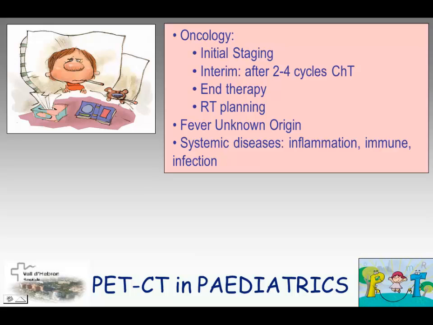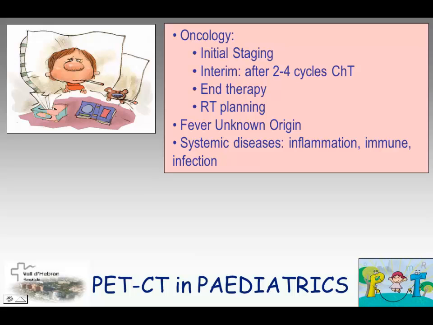Sometimes they require another PET-CT at the end of therapy or for therapy planning, but there are more and more non-oncologic indications. One of them is to discover the focus of fever of unknown origin, with quite good results. And also the rheumatologists ask us for PET-CT in systemic diseases like inflammation, Still's disease, or immune diseases, or even in infection.